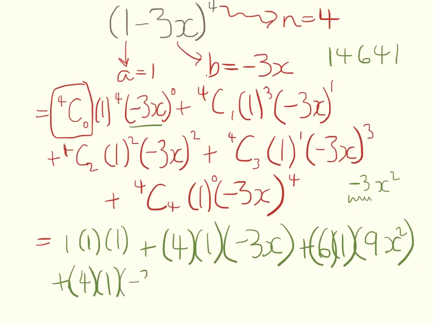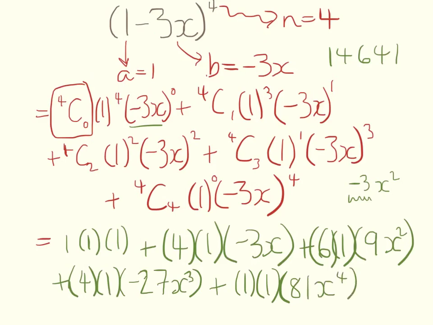Minus, well, what's minus 3 cubed? So that's minus 27x cubed plus 1. That's 1 times 3 to the 4 is 81x to the 4. Okay, and then our final line will be to simplify.